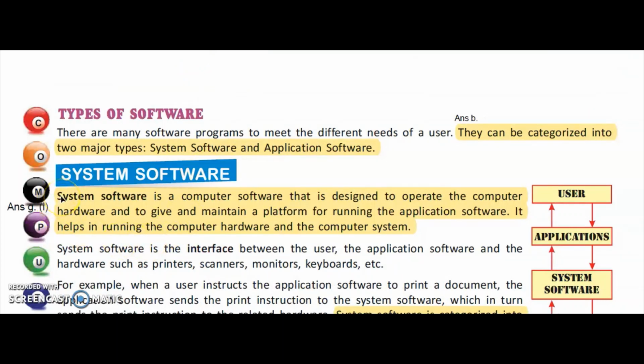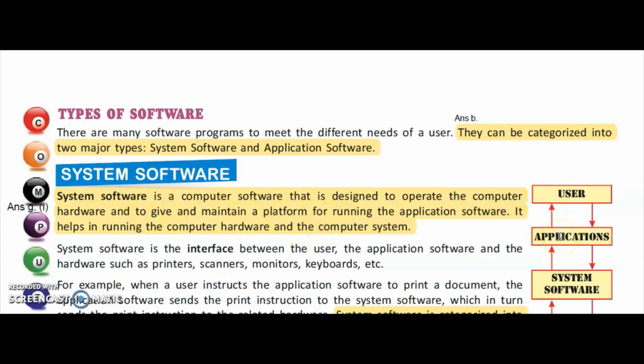So what is system software? System software is a computer software that is designed to operate the computer hardware and to maintain a platform for running the application software. It helps in running the computer hardware and the computer system.